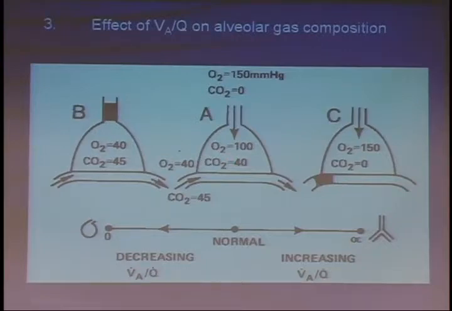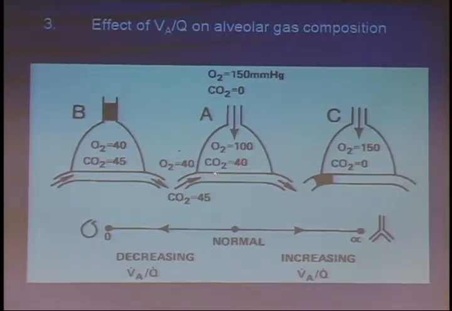Of course, as we've seen before, what's happening is that the mixed venous blood coming in with a PO2 of about 40 is taking on oxygen because of this difference, and when it leaves, it has the same PO2 as the alveoli. Similarly, the CO2 in the mixed venous blood at 45 is being delivered by blood flow.